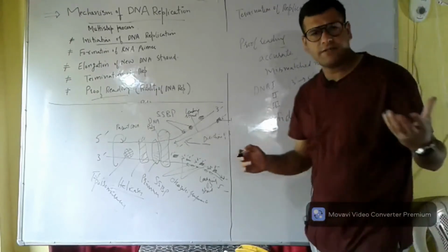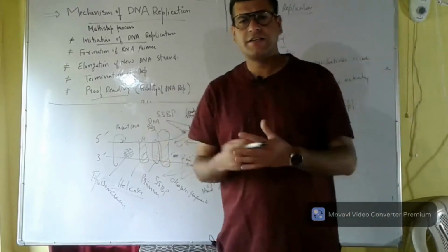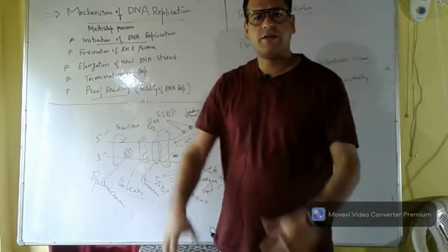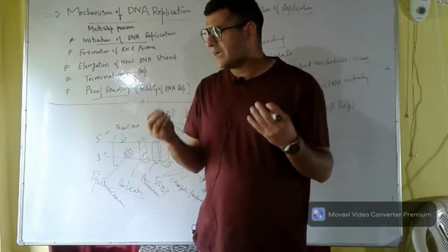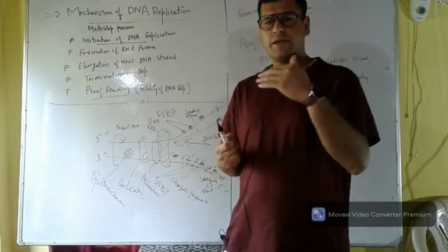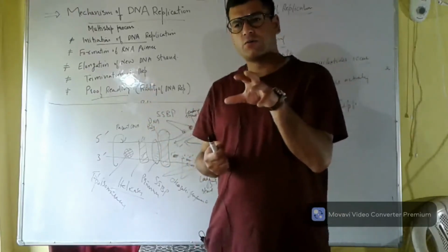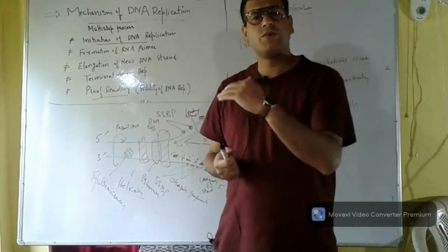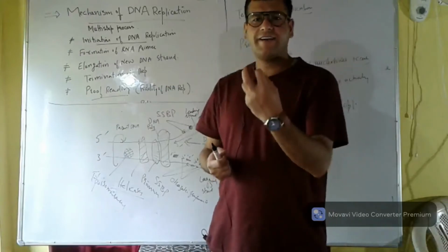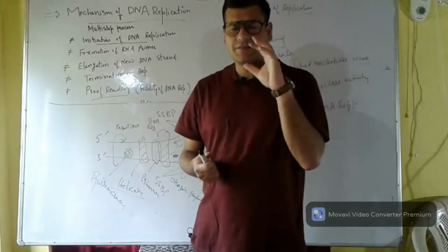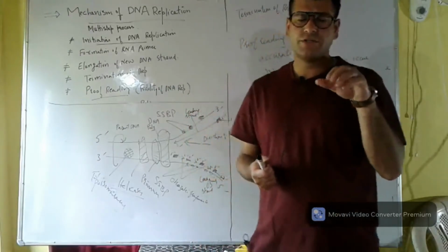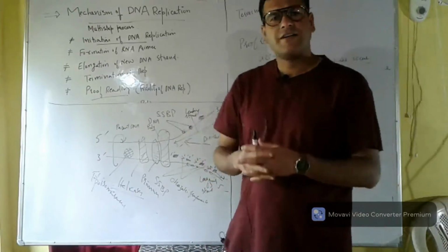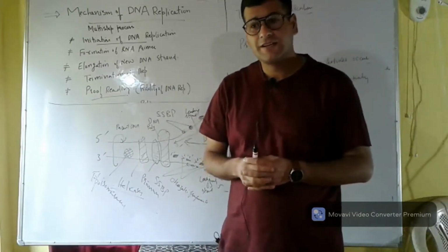What do we mean by fidelity of DNA replication? DNA replication is almost accurate, but sometimes mismatched nucleotides may get inserted. In order to solve this problem, DNA polymerases can move in the 3' to 5' direction, remove these mismatched nucleotides and put in the correct nucleotides, so that DNA replication is 100% correct.